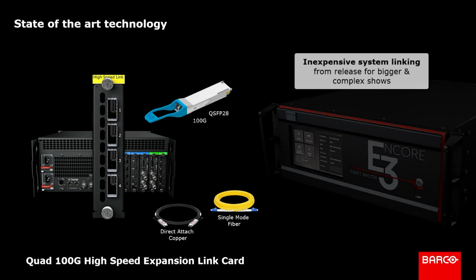Those can operate with single mode fiber, or you can use the direct attach coppers that are included when you purchase a unit. 2 are included with every purchase, 4 required to link 2 boxes. So if you purchase 2 units, you would have enough link cables to perform a link with 2 boxes. If you purchase 3, you would have enough for 3 and 4 and so on.